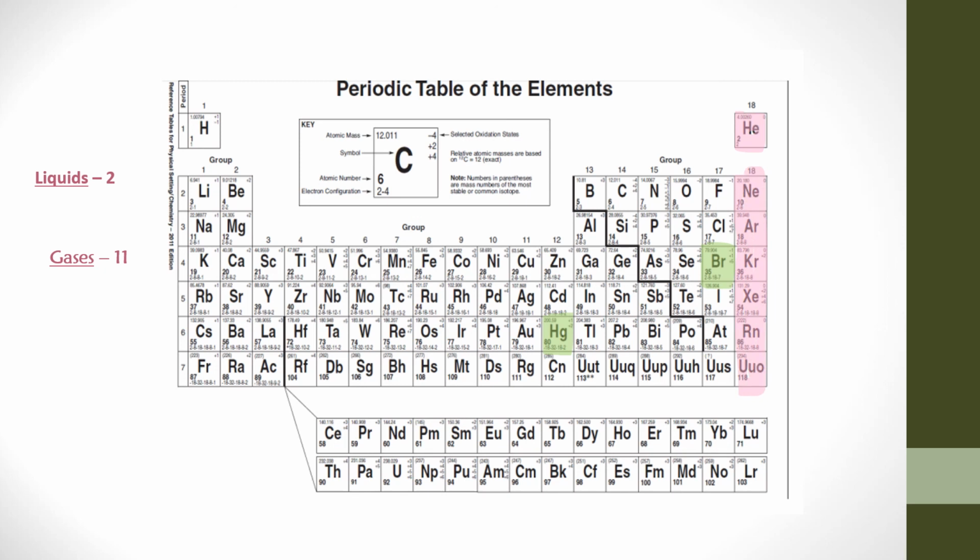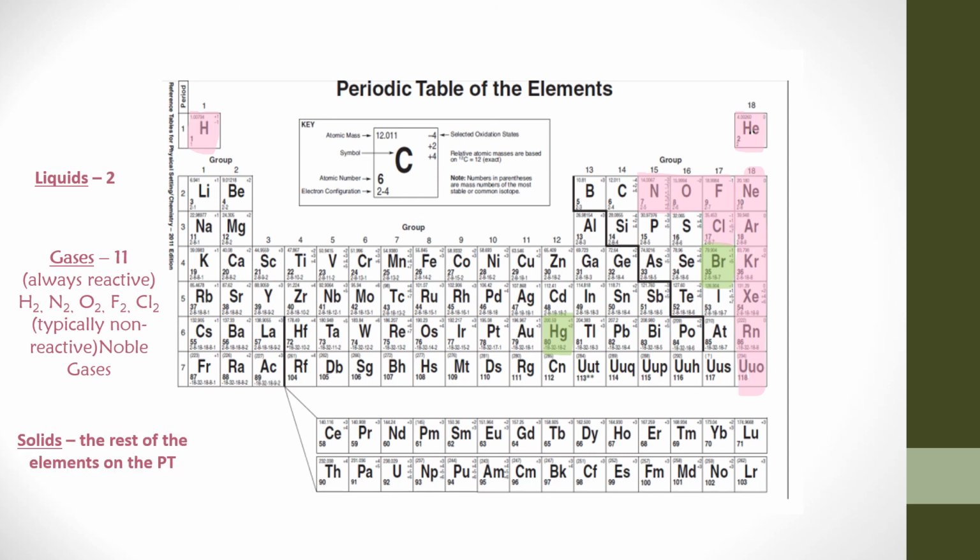And other than the noble gases, we also have hydrogen, and these four: nitrogen, oxygen, fluorine, and chlorine. Now, these five gases, hydrogen, nitrogen, oxygen, fluorine, and chlorine, are all very reactive. However, the noble gases, which are in the last column, typically do not react. And everything else in the periodic table is, for the most part, a solid.